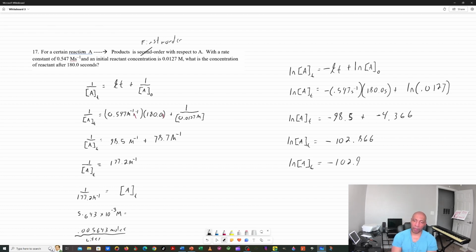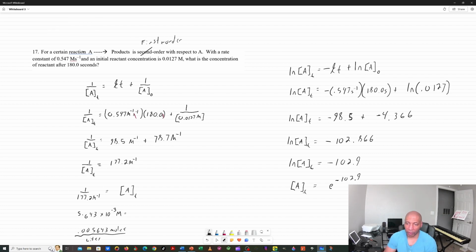Now, I'm trying to find the concentration of A at time t, not the natural logarithm of my A concentration at time t. So this is the way you do it: A at time t is equal to e raised to the negative 102.9 power.